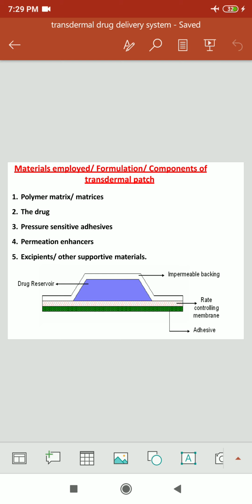Apart from that, there is the rate controlling membrane, which controls the release rate of the drug from the patch, and above that there is a reservoir kind of system. At that part the drug is stored, and covering the drug reservoir, an impermeable backing membrane is present to protect the drug.